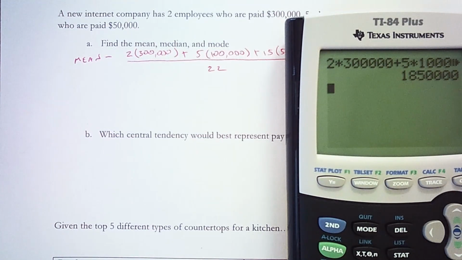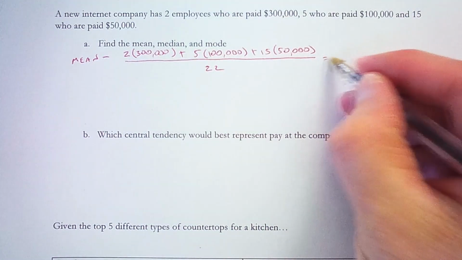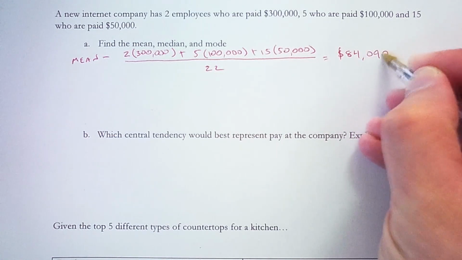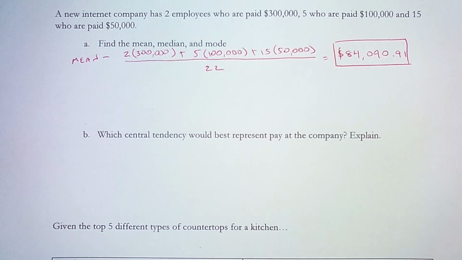And that's a total of $1.85 million divided by the 22 employees, and that is a mean of $84,090.91. So there is the mean.